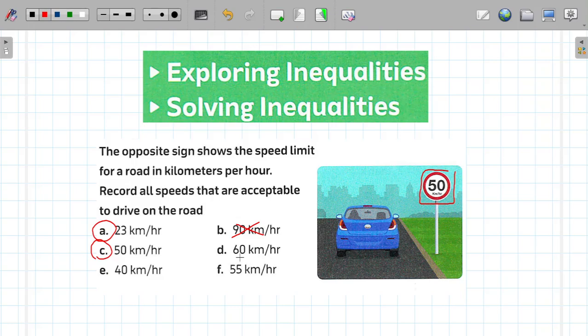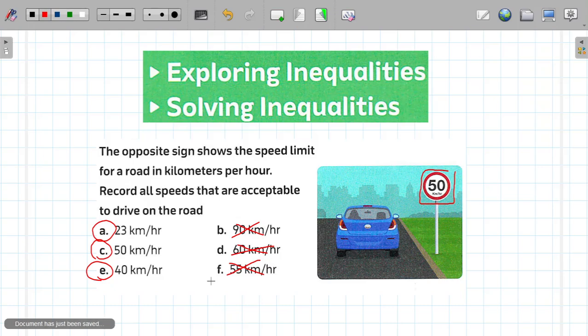Here I have 60 kilometers per hour. It's more than 50, so it's not acceptable. Next, I have 40 kilometers per hour, and 40 is less than 50, so 40 is acceptable. And 55 is more than 50 kilometers per hour, so it's not acceptable.